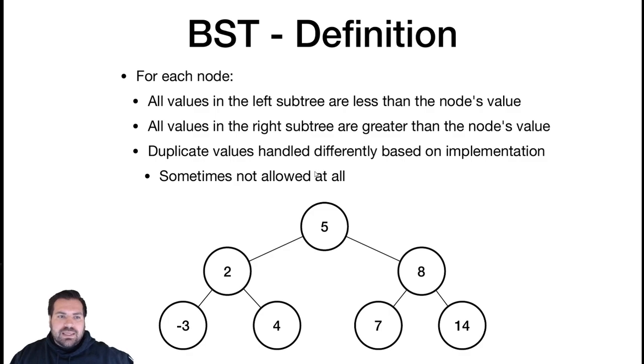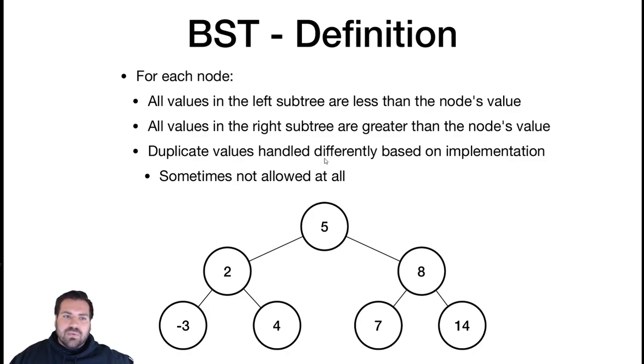The reason why this is important is sometimes duplicates are just flat out not allowed. So if you want to implement a set data structure, thinking of that mathematical definition of a set from 191, where duplicates are not allowed, in code we typically build that using a BST, and when we insert a value that's already in the set or in the tree, we just don't allow that duplicate.